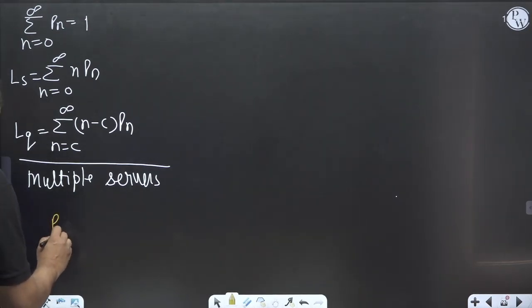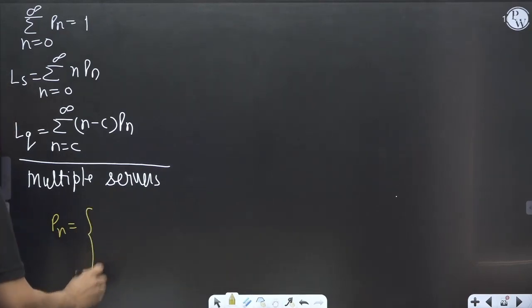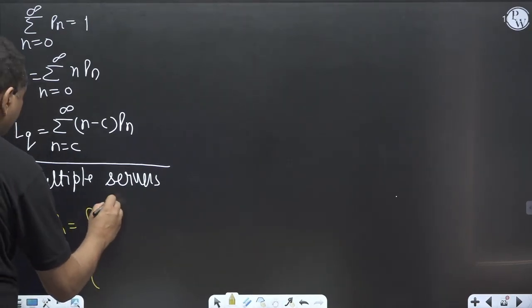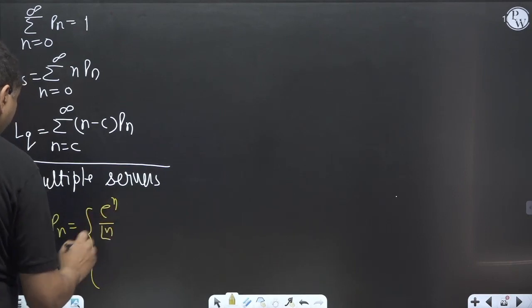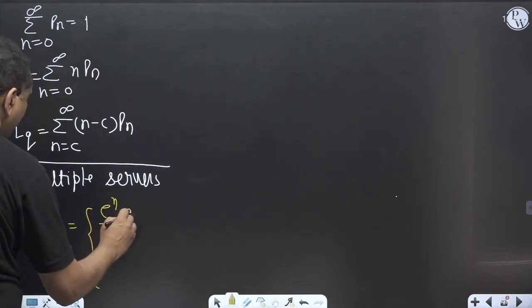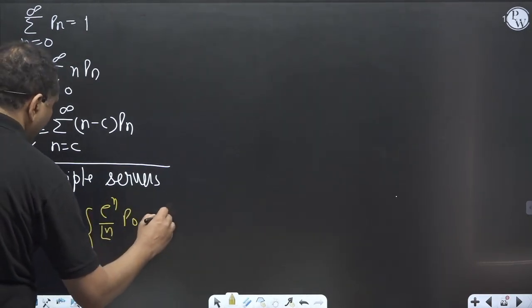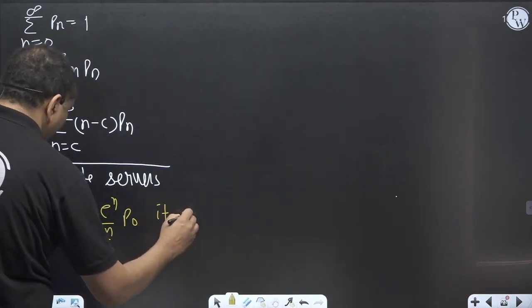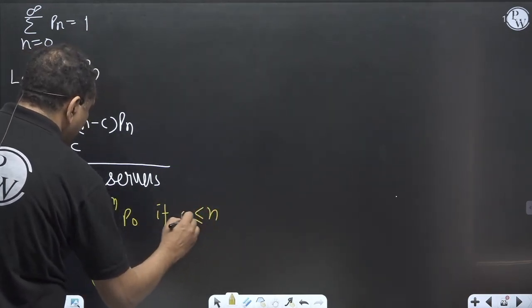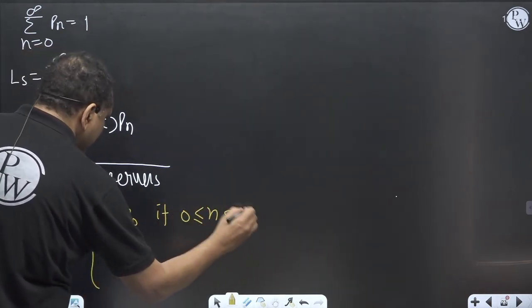So Pn is rho raised to power n over factorial n times P naught, if n is between 0 and less than c.